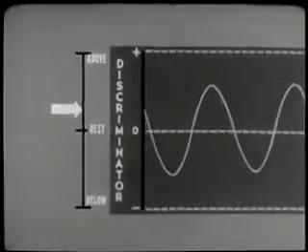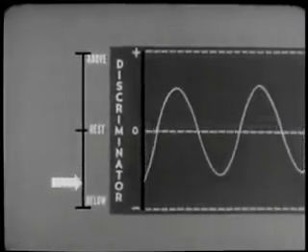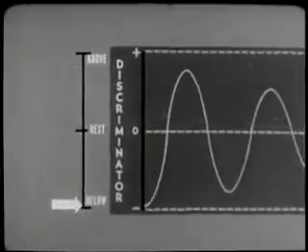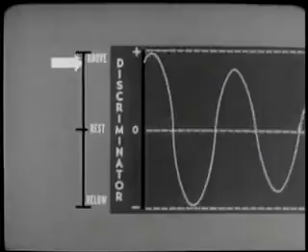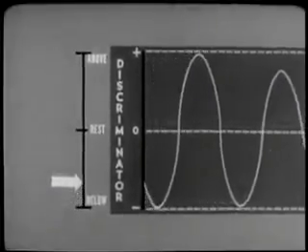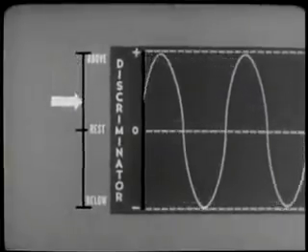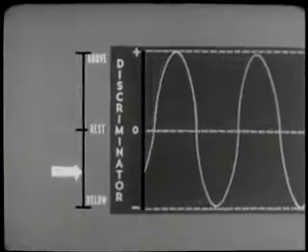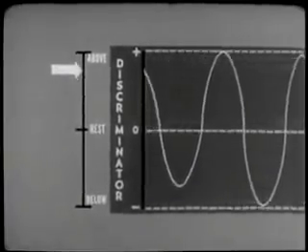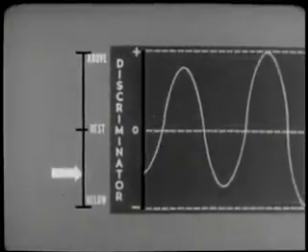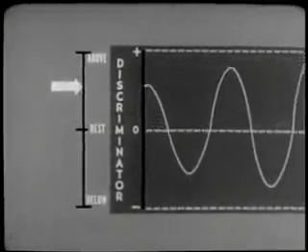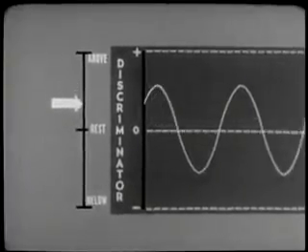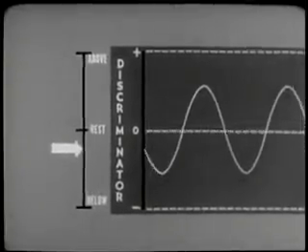Note that the amplitude of the audio signal is an accurate reflection of the amount of the carrier's deviation above and below rest frequency. Also note that the frequency of the audio signal is an accurate reflection of the rate or speed at which the carrier registers its deviation. Thus, the audio signal's two characteristics, its amplitude and its frequency, are an accurate reflection of the carrier's amount of deviation and rate of deviation.